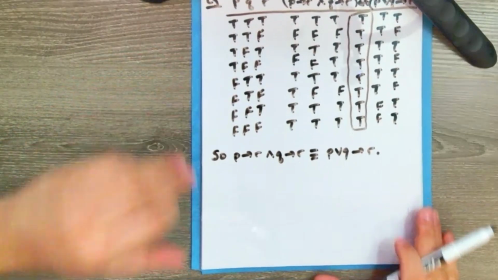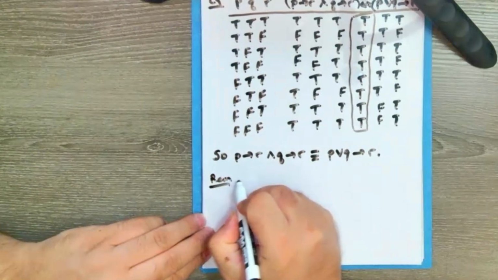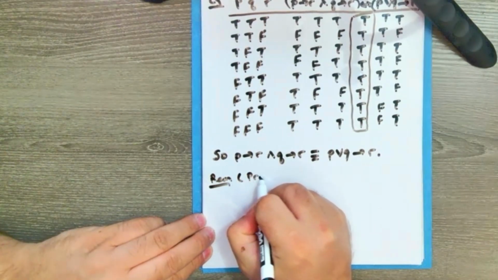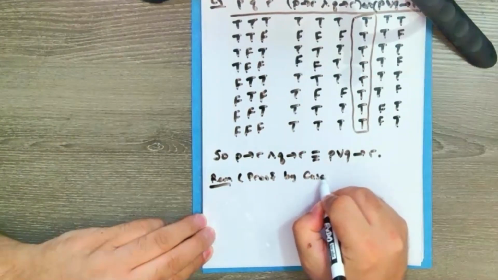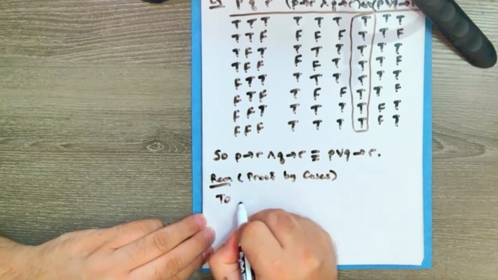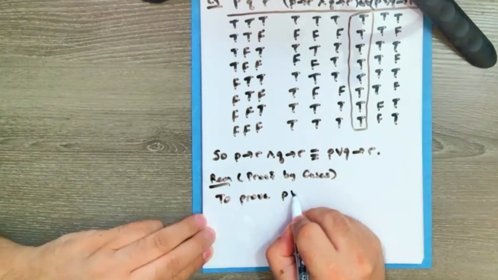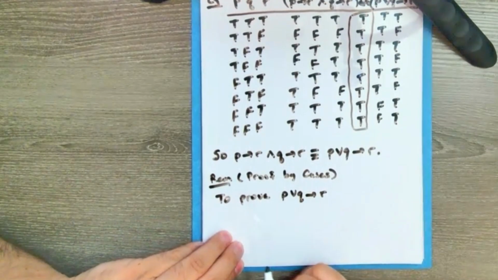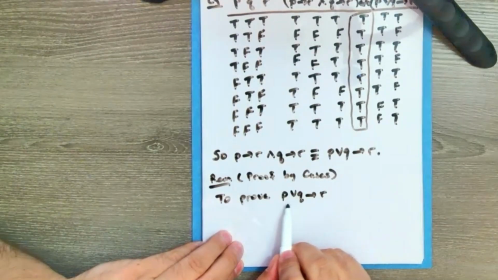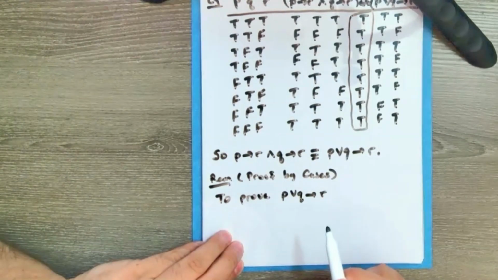So this logical equivalence is the basis for another technique of proof known as proof by cases. So to prove an implication of the form P or Q implies R, notice that the hypothesis occurs as cases where either P is true or Q is true or both.